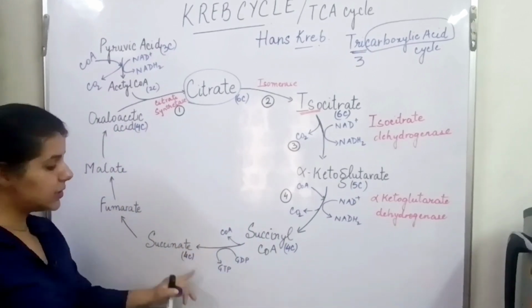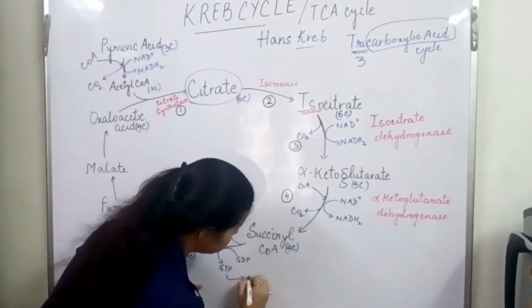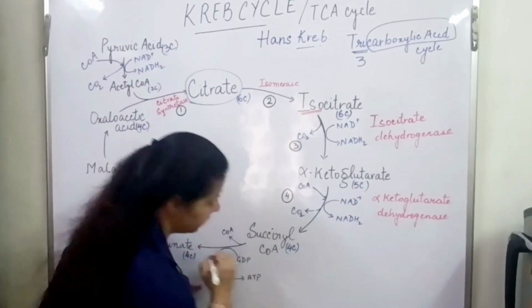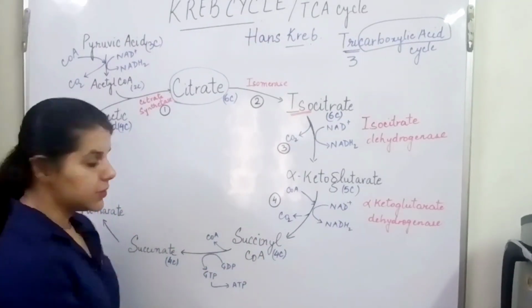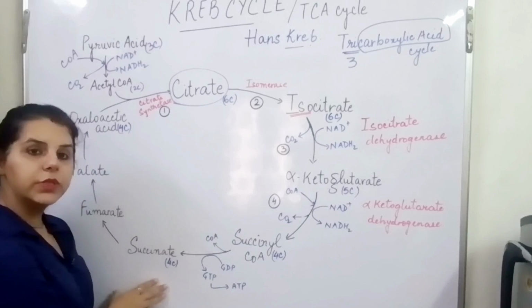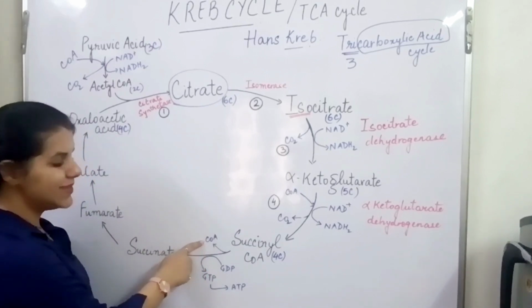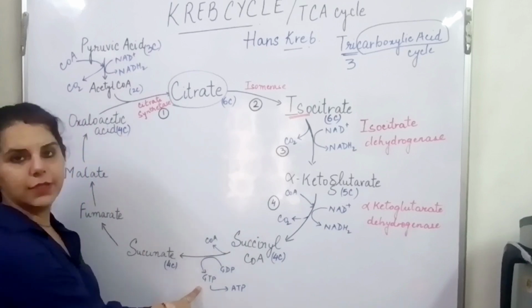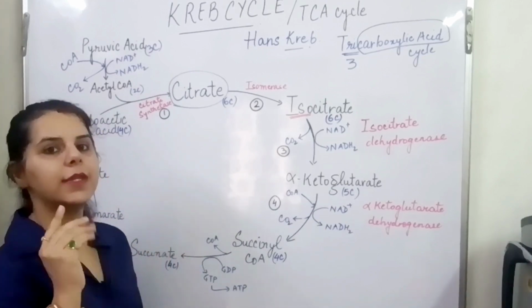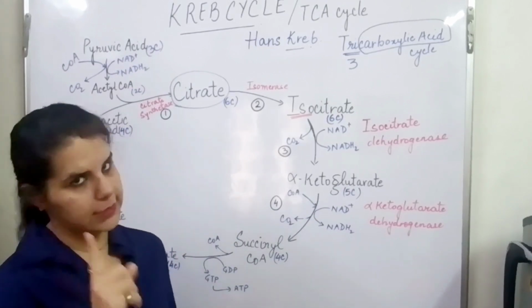Ultimately, this GTP is being converted to ATP, right? So, succinyl coenzyme A, that is a 4-carbon molecule, is now converted to succinate. 1 coenzyme A is released and GTP is being synthesized, which will ultimately give us 1 ATP.